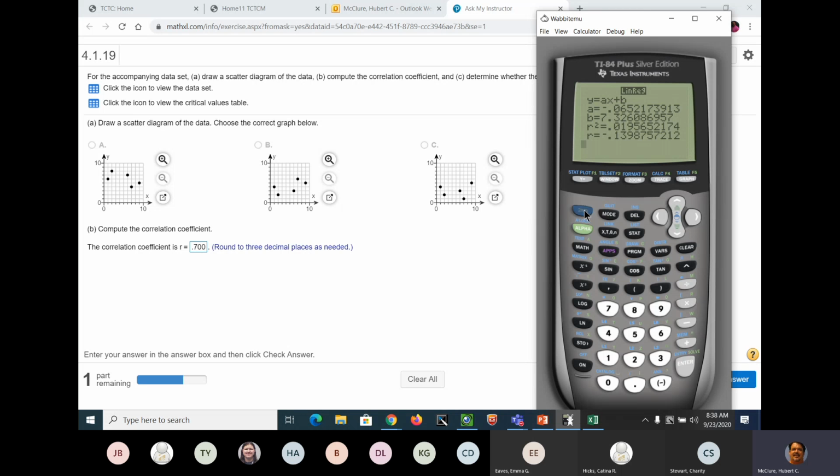So that will be second, stat, on, and it's already defaulted, so hit graph. Okay, we're going to fix that in just a second.